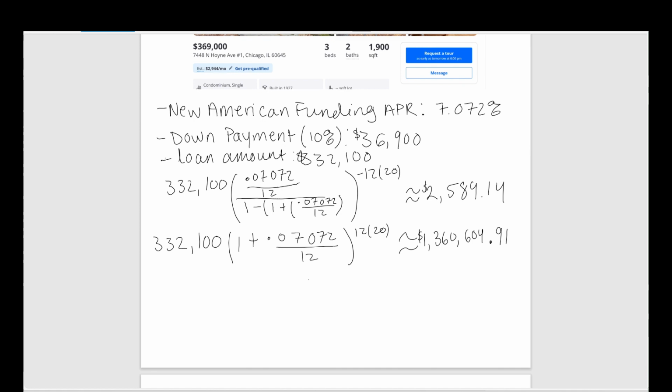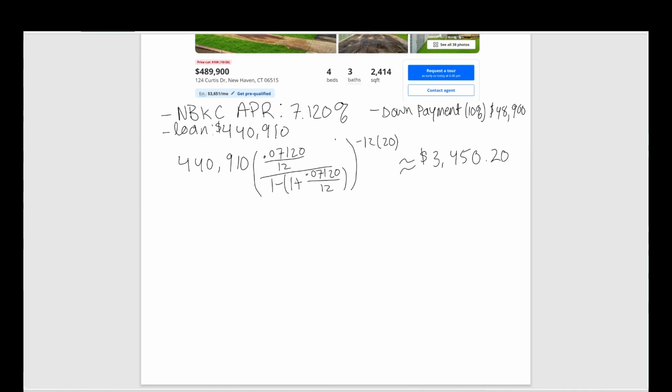It's a lot of money. Now we go into New Haven again, and when I plug it into Google, I got approximately $1,823,718.59. Also a lot of money.